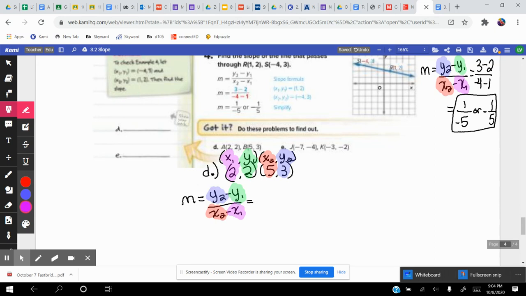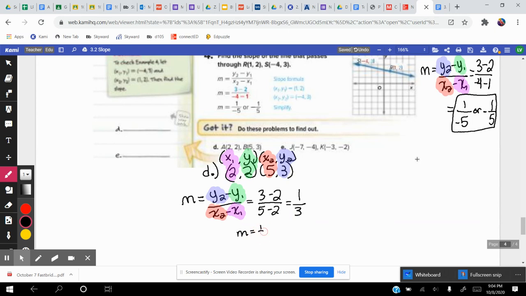I'm using these colors to help me with where to place each of the values. So 3 minus 2, because y2 minus y1, divided by x2 minus x1, which is 5 minus 2. When simplifying, 3 minus 2 is 1, divided by 5 minus 2 is 3. So my slope equals 1/3. So instead of saying m equals 1/3, I'm saying slope equals 1/3.